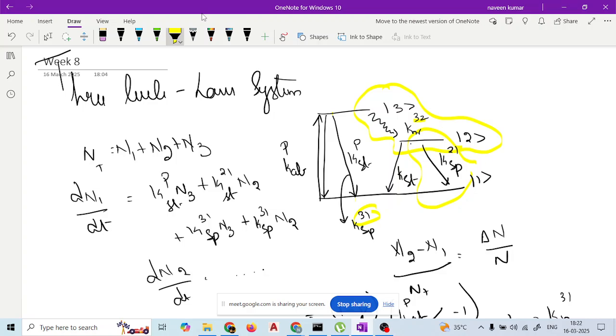This wiggly arrow represents the non-radiative decay from level 3 to level 2, and it is happening from level 3 to 2 only. There are direct applications of the Jablonski diagrams, because we are representing only the electronic energy levels.